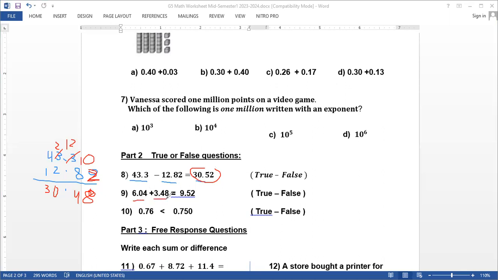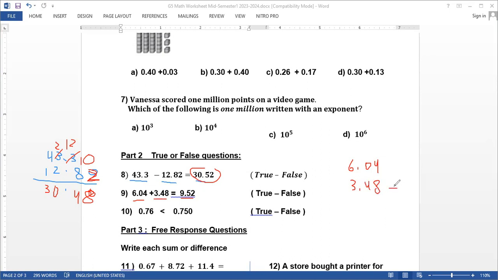6.04 plus 3.48 is equal to 9.52, or no? In estimation, all the answers will be correct. Now, let me write it vertically, 6.04 and 3.48.